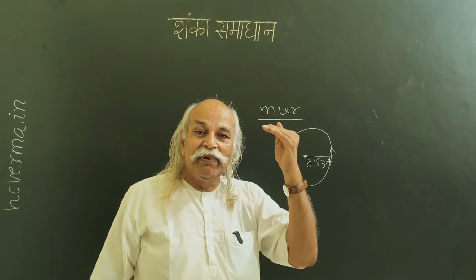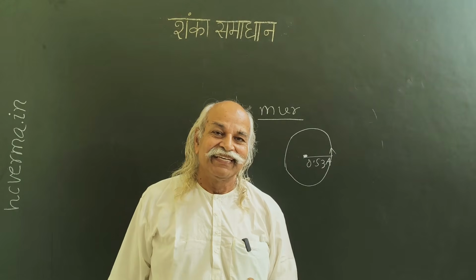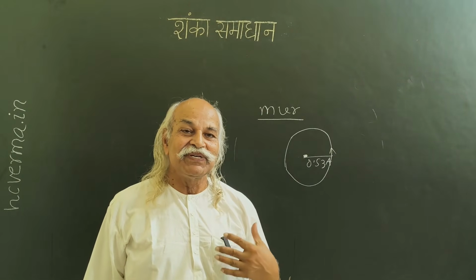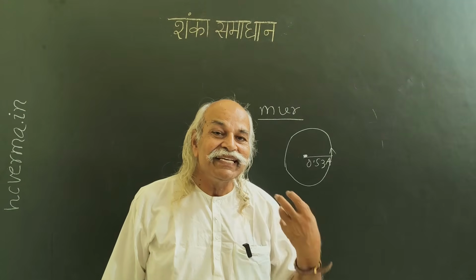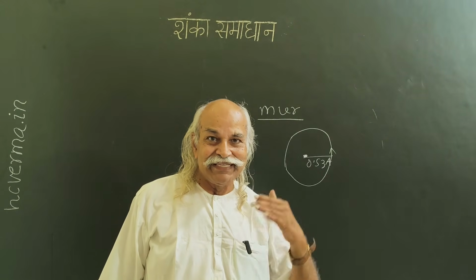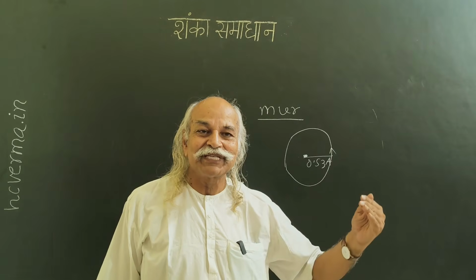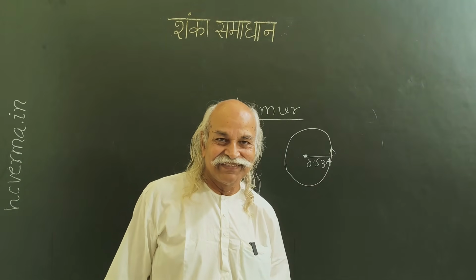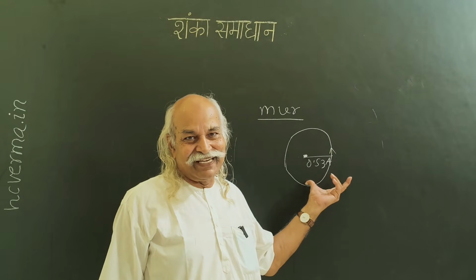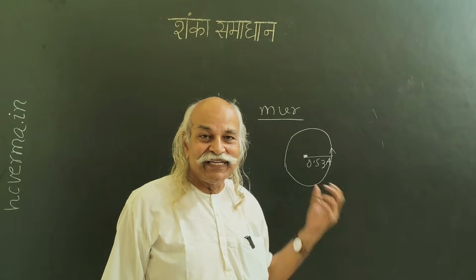Now, this was the beginning of quantum mechanics. And Niels Bohr was designing something which could explain the discrete hydrogen spectral lines, wavelengths. And then he came out with this idea, which worked very nicely.